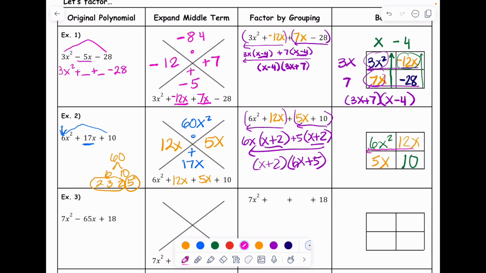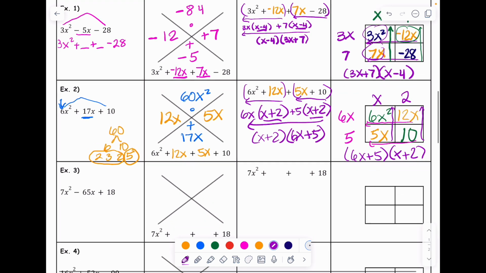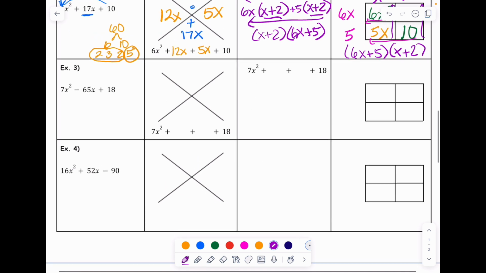They're all positive, so we're just going to take positives out: 6x, 5, and then we'll do the column: x and 2. And so we have 6x plus 5 and x plus 2. Yay, same exact factors. It doesn't matter which way you do it, you guys. It just doesn't matter. So totally up to you.